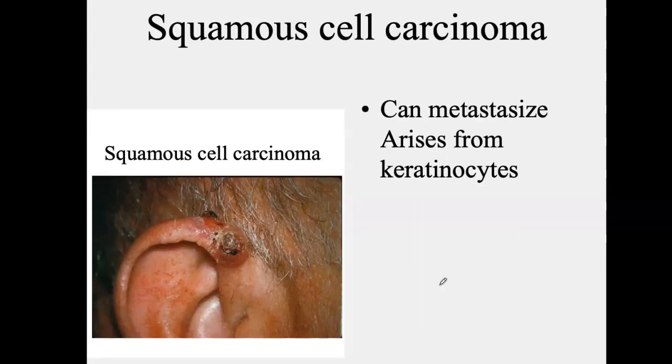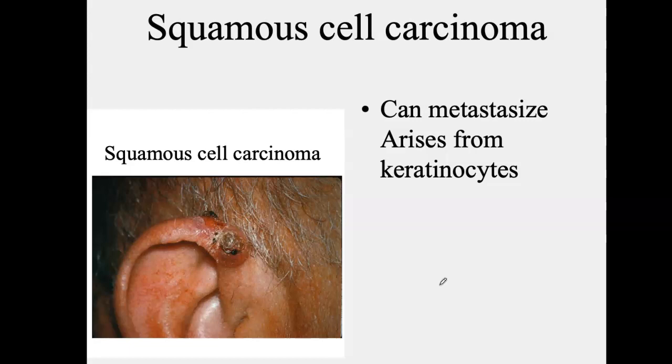Comparing it with that one, we have the squamous cell carcinoma, and this is on a person's ear here. And this one originates from a different cell, not from those basal cells that are the new cells, but actually from the keratinocytes, which are the most common cells in skin, and I'll be showing you in a little bit.